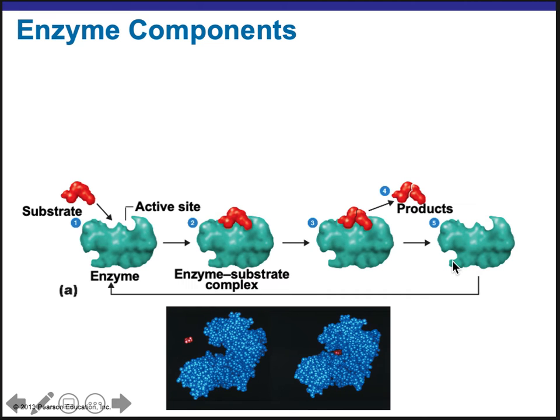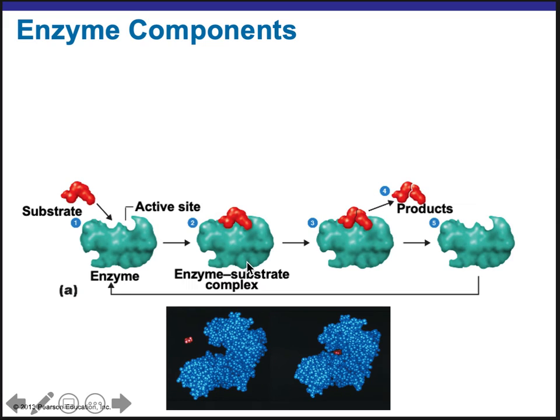So why is it that enzymes can lower the activation energy so much? Well, it's getting the orientation perfectly. So that substrate, the reactant, is going to go into what we call the active site of the enzyme, and it will only fit in that active site in one exact position. And so by having it in that perfect position, you're able to carry out that chemical reaction, in this case also splitting it into two separate products.